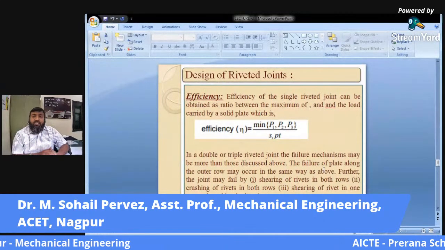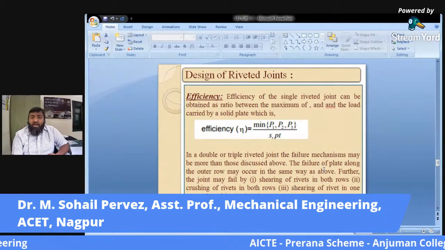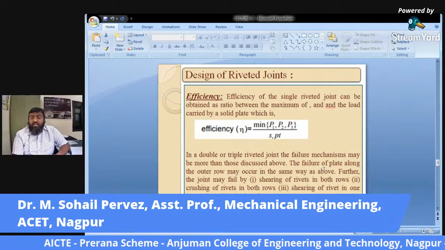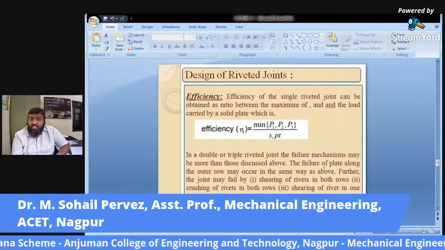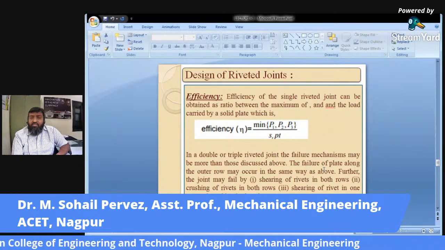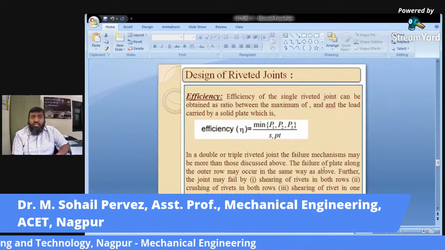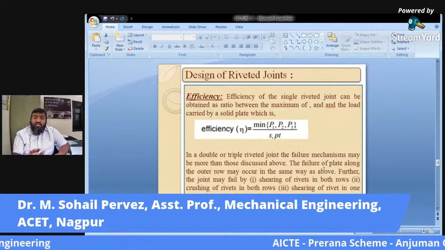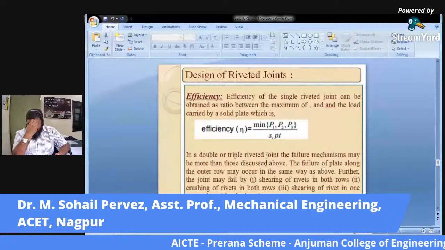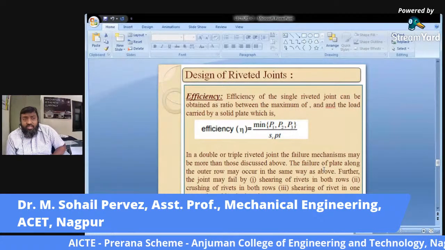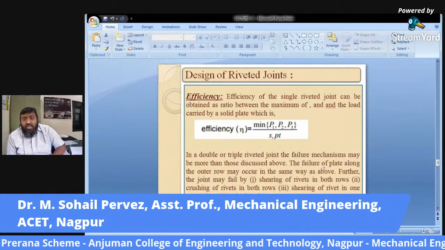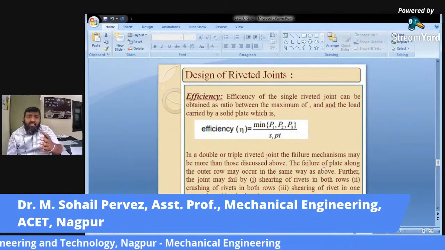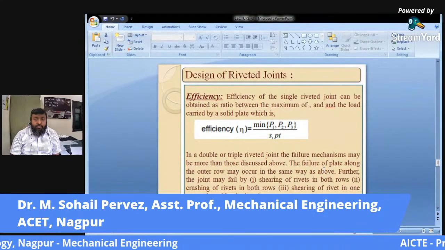That's why I have not covered that particular part in this presentation, because we have already covered that in the last lecture, in design of bolted joint, in the plane of bolt. So these are nothing but the basic elements of design of riveted joints, along with the eccentrically loaded riveted joint in the plane of bolt. The load is applied in the plane of bolt, and that load we have already covered.